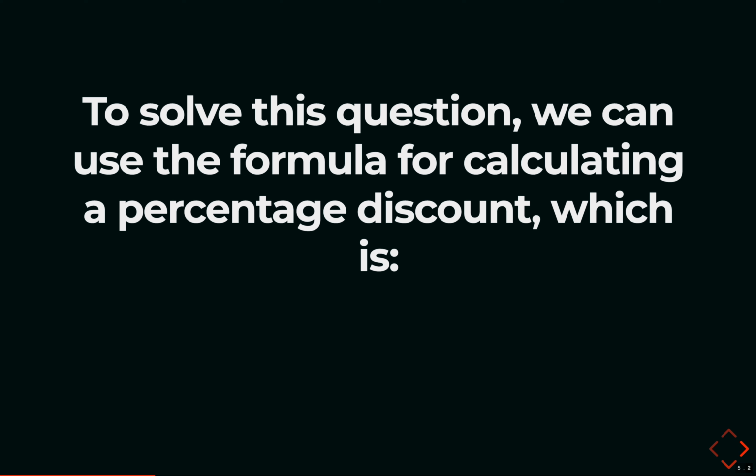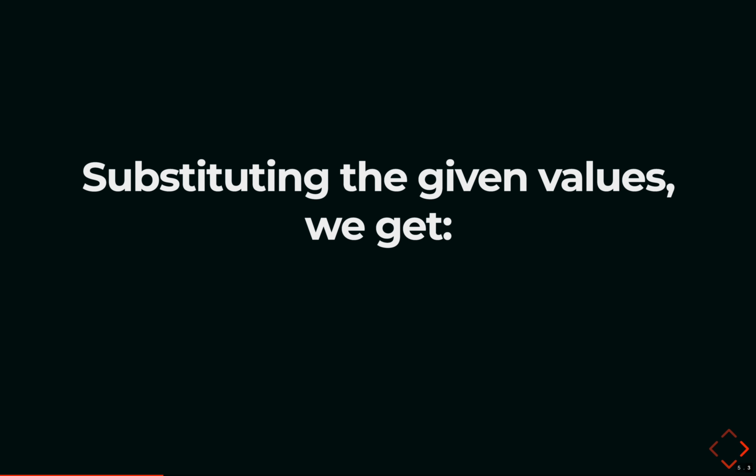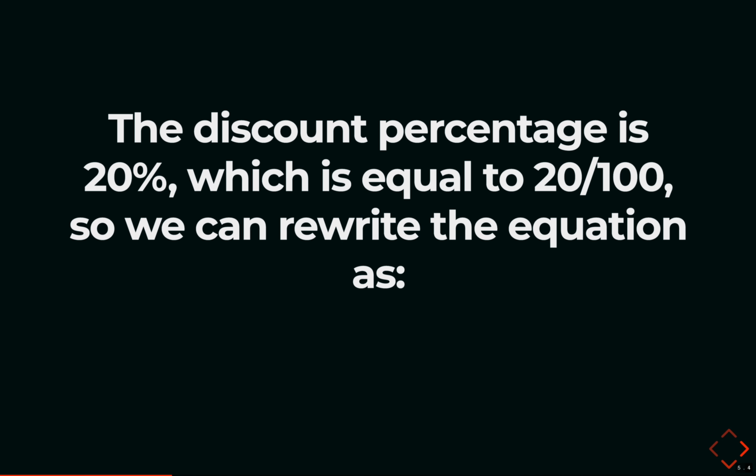To solve this question, we can use the formula for calculating a percentage discount, which is sale price equals original price minus parentheses original price times discount percentage. Substituting the given values, we get sale price equals $100 minus $100 times 20%. The discount percentage is 20%, which is equal to 20 over 100.